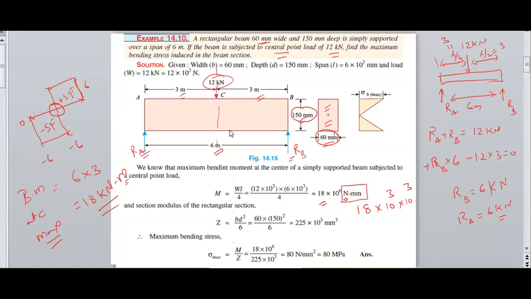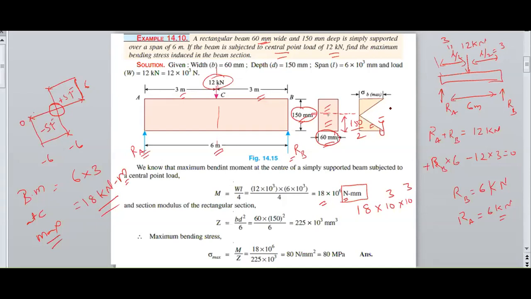Next, I need to find out the section modulus or moment of inertia about this cross section. So I need the centroid. It will be lying at a distance of 150 divided by 2, that is the y bar.